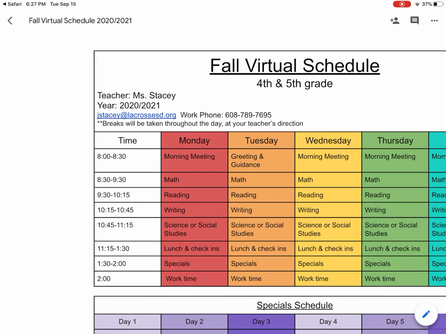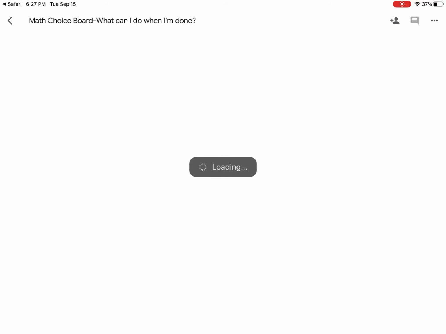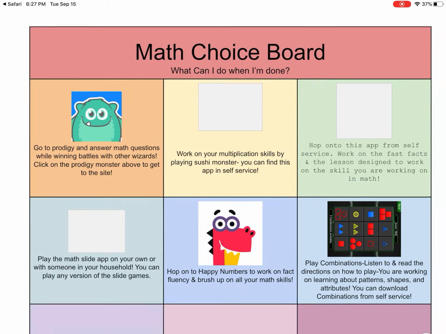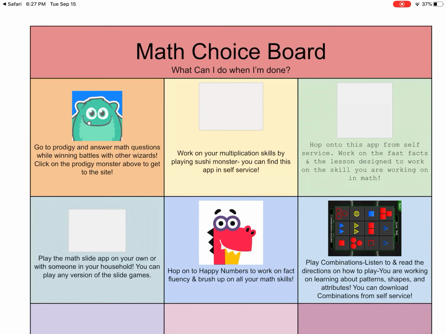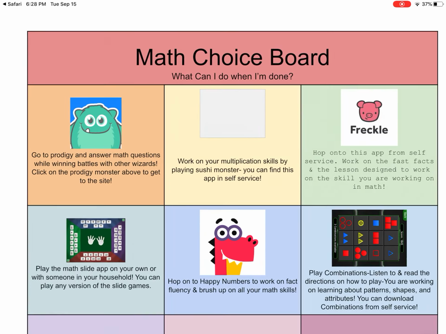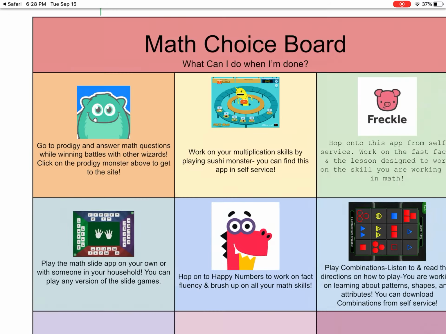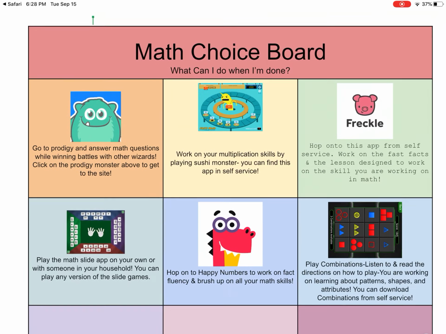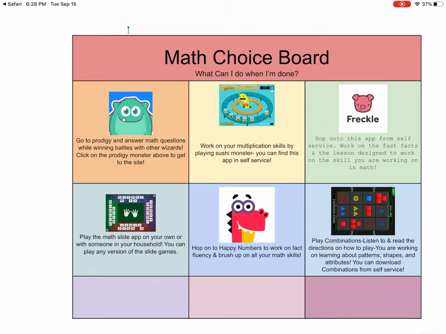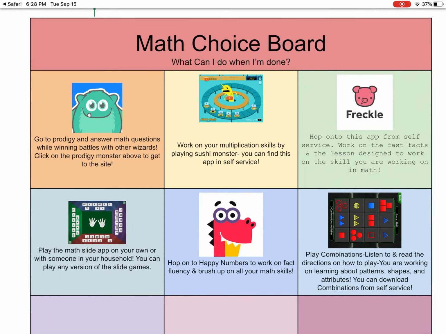Your options this week are Prodigy, Sushi Monster, Slide, Happy Numbers, or Combinations. Remember that you can download Sushi Monster, Slide, and Combinations all from self-service.